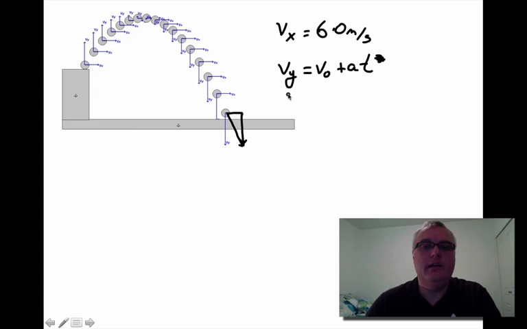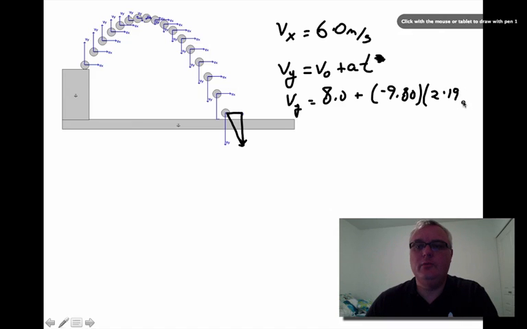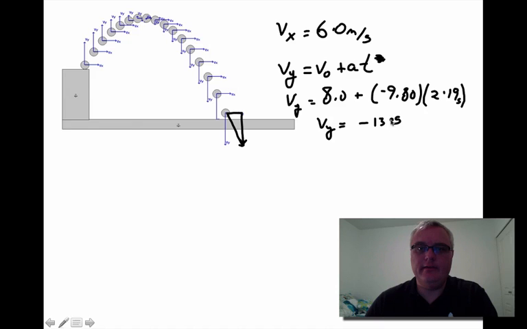So Vy is going to be the initial y, which was 8, plus it accelerates due to gravity for this time, 2.19 seconds. So the final y component here is negative 13.5 meters per second. So that is my final y component.